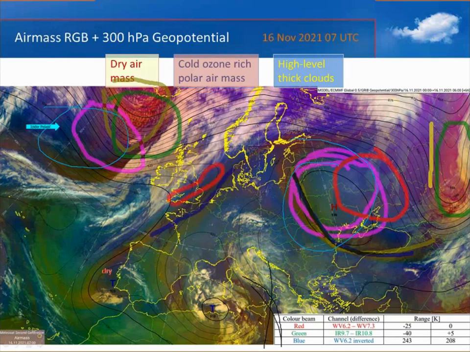So basically, as a rule of thumb, maybe we can remember that where we have this red color, for example over here, red color stands for dry air mass, and most often it's air mass that subsides from above. So it's subsiding air that gives the red and is usually dry air mass. Thank you.